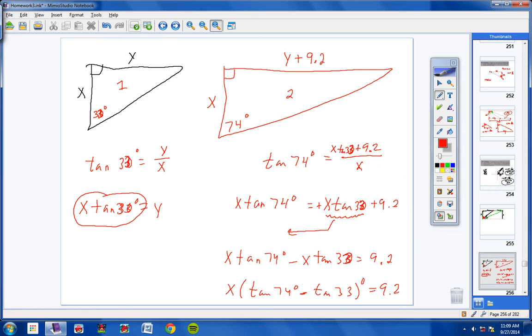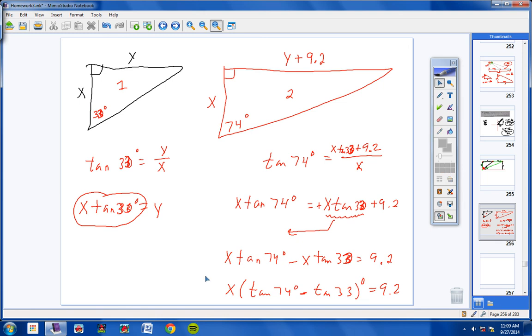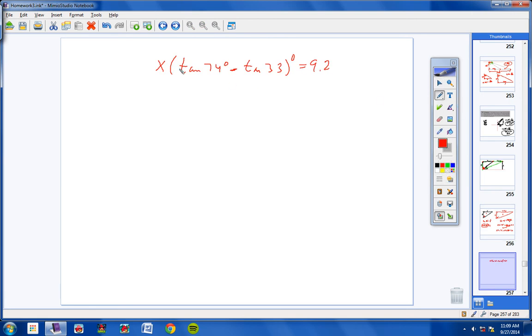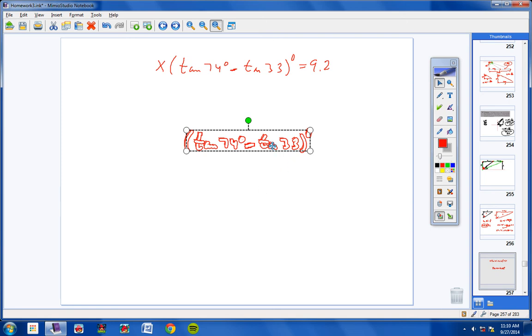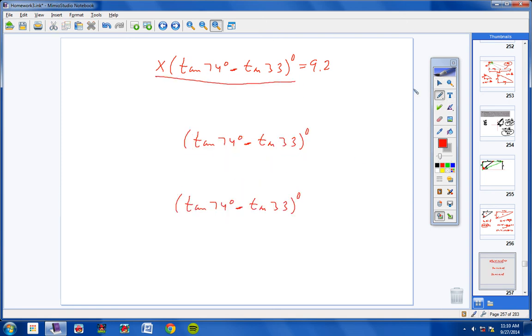So now if I want to get x by itself, all that I do is take that and divide both sides by tangent 74 minus the tangent of 33.